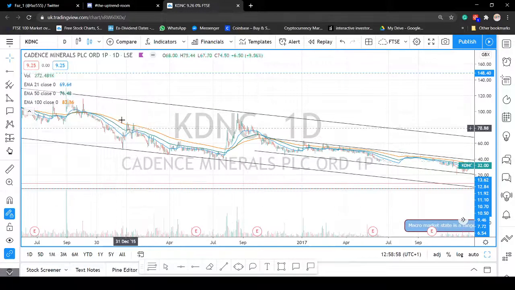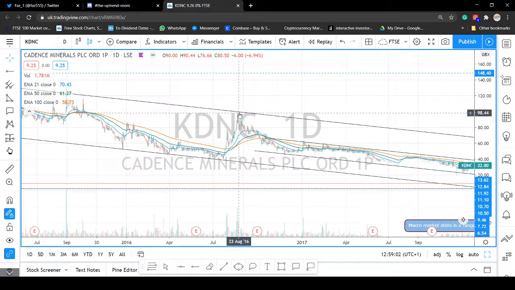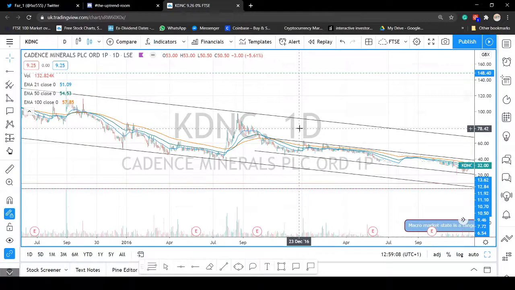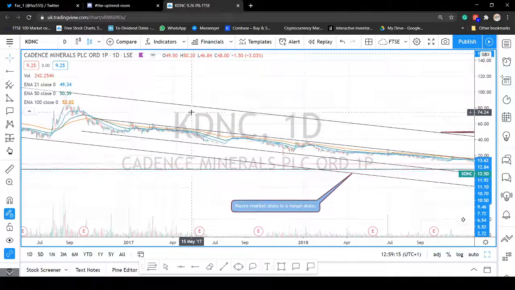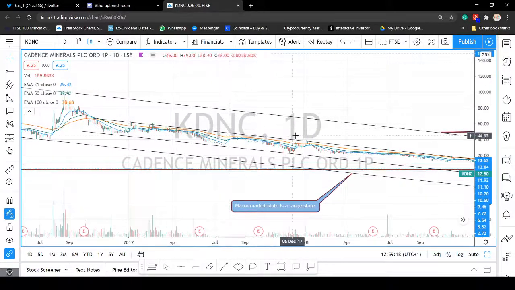You can see it consolidated along the bottom, came back up, resistance came in, came back down. And then price came into a smaller price bandwidth, but still a downtrend. Just trending down, trending down, trending down all the way.